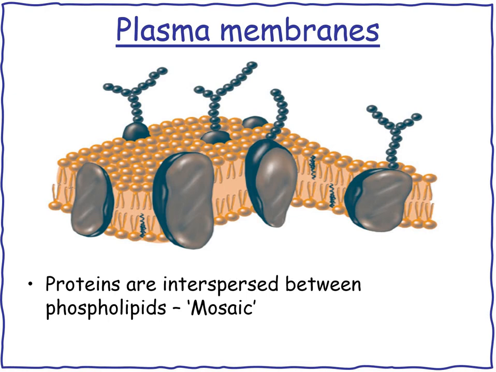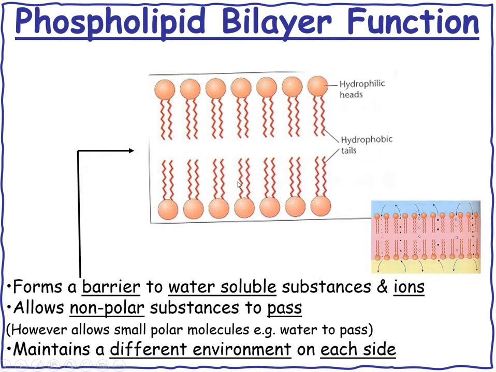So in plasma membranes, in the phospholipid bilayer, the proteins are interspersed between the phospholipids, which is where you get the mosaic pattern from. The phospholipid bilayer function is that it forms a barrier to water-soluble substances and ions, so charged particles.